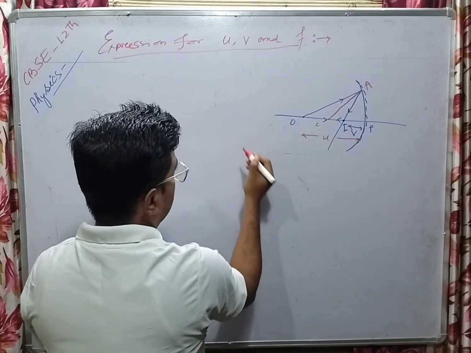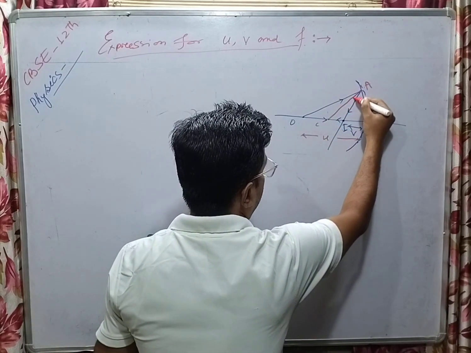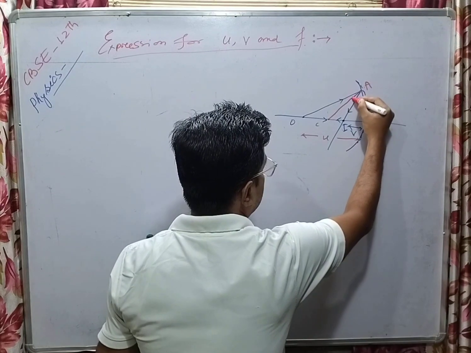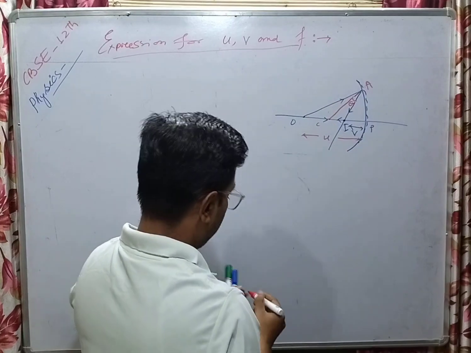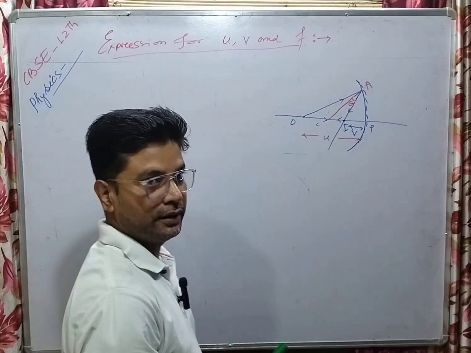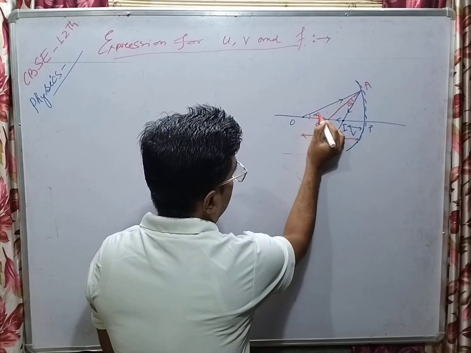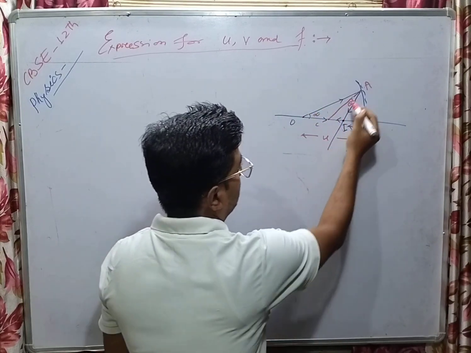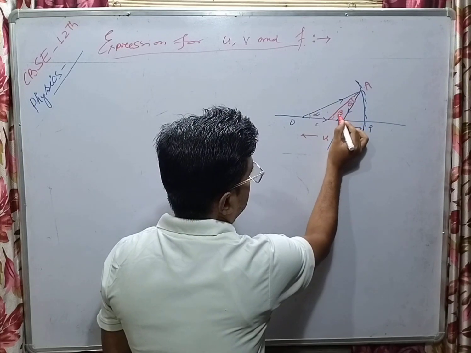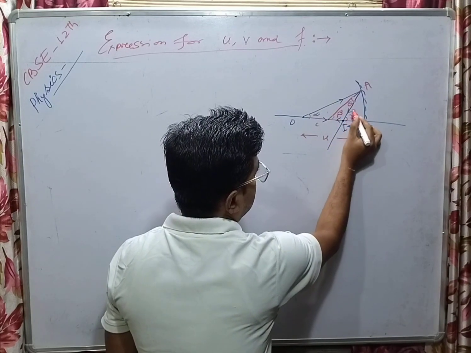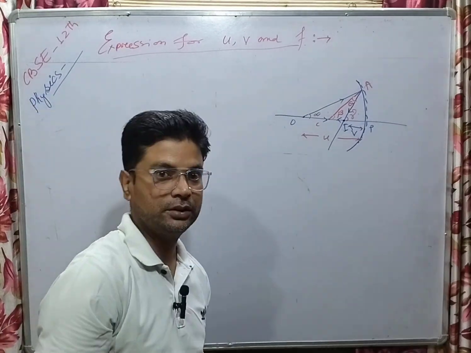Suppose this is angle theta, and the angle created by the incident ray with the principal axis is supposed to be alpha, and this ray AC creates the angle supposed to be beta, and this angle is gamma, which is very important for my discussion.